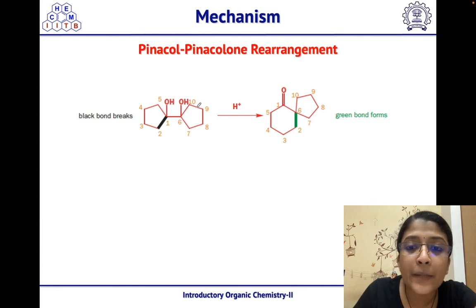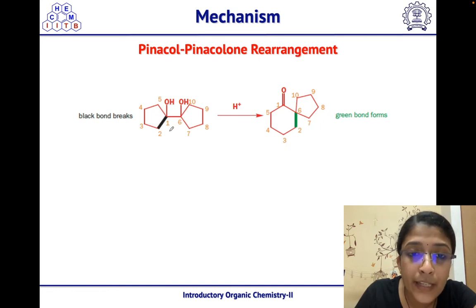Here it will get protonated, and this hydroxyl will be removed and a carbocation will be formed. Then when this lone pair of electrons on the oxygen is falling down, this 1,2 bond will migrate to this carbon 6, which is having a carbocation, and we will get a fused system like this.